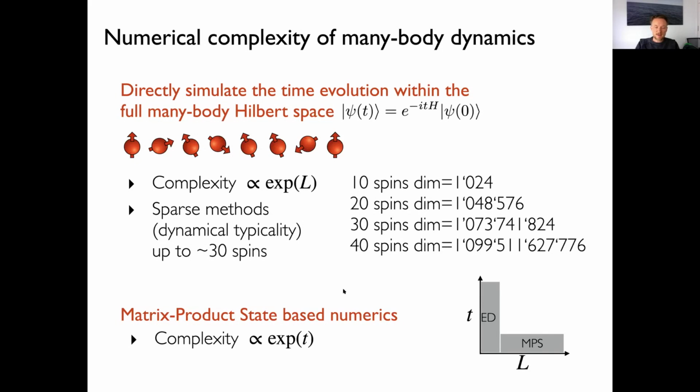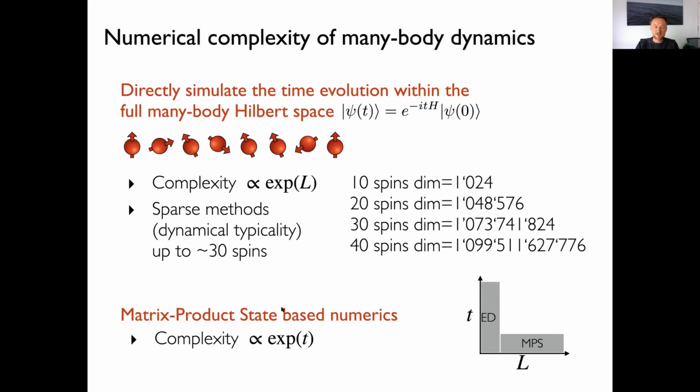There is a nice workaround, and this is using matrix product states. If we start from a simple initial state, for example a product state, then we are not bound in system size at all for practical purposes. So we can look at really large system sizes.